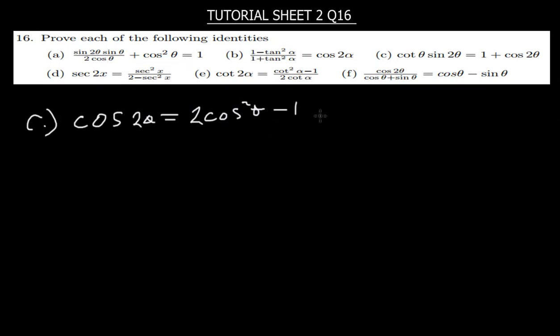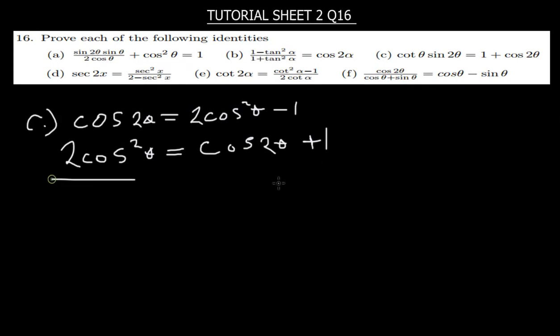So for us to get this, it means they made 2 cos squared theta the subject. So we're going to have 2 cos squared theta equals cos 2 theta plus 1. This is what they did to get that.